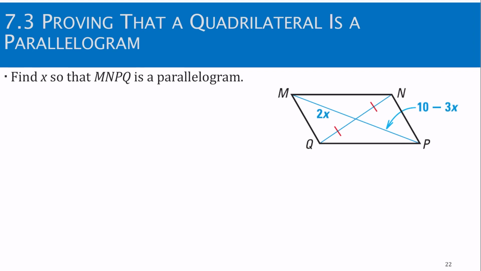Find x so that we have a parallelogram. Well, this time we have diagonals. In a parallelogram, the diagonals bisect each other. So that means this 2x is going to have to be the same as the 10 minus 3x.